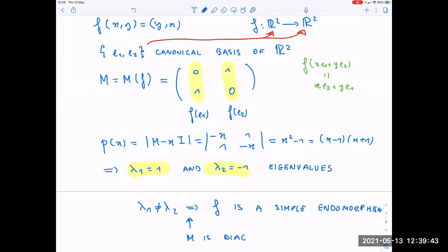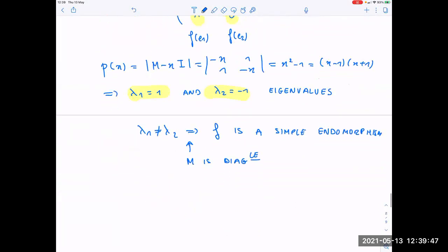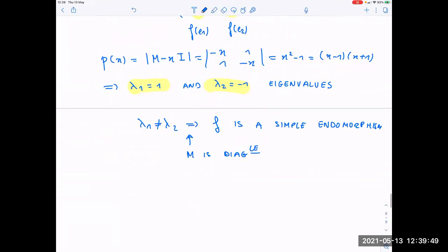And so that's the definition of simple endomorphism. Just make this remark. So it means you can find a basis of R2 made by eigenvectors of f. So let's have a look at E1 and E2.